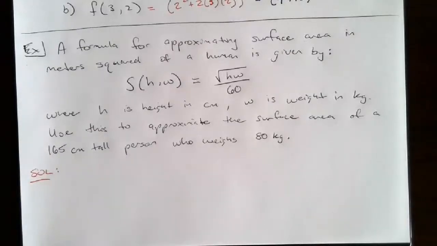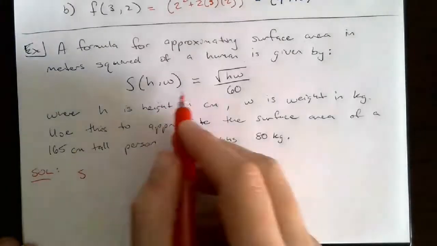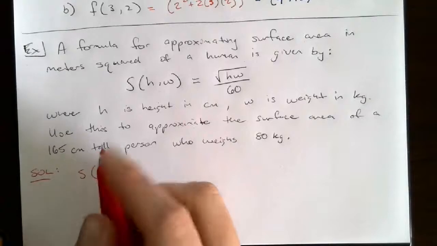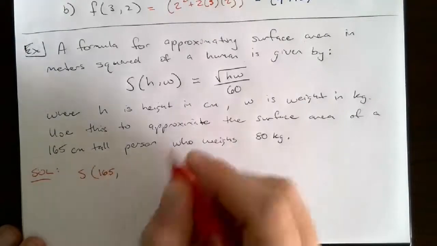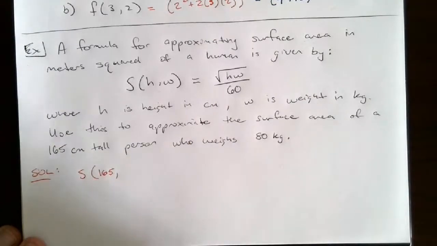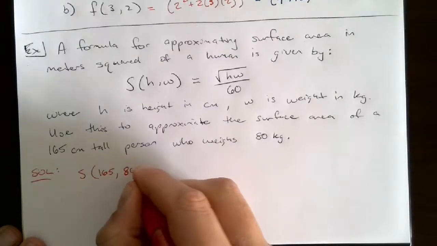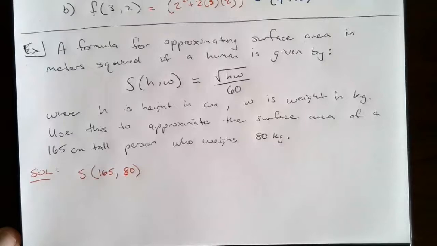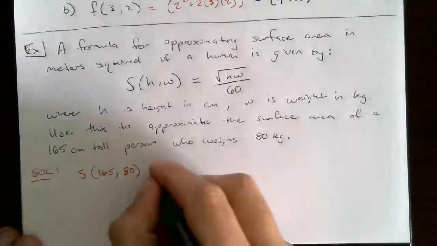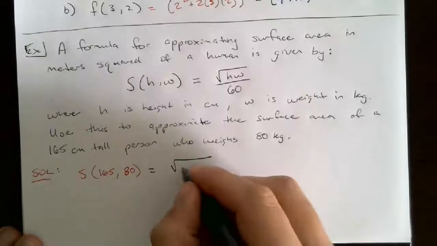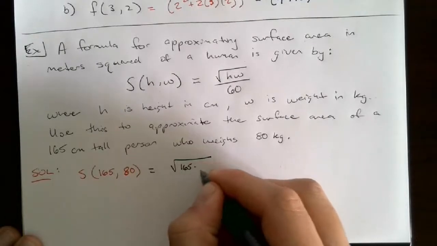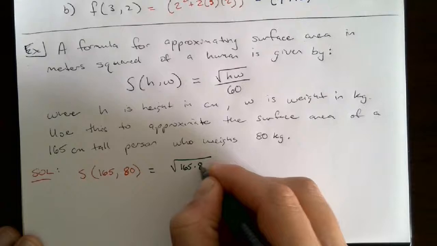is find S of H comma W. H in this case is the height, it's 165, comma W, which is the weight in kilograms. They told us that was 80, so we're looking for S of 165, comma 80. Which we're just substituting in. So this is going to equal the square root of H is 165 times W, which is times 80.